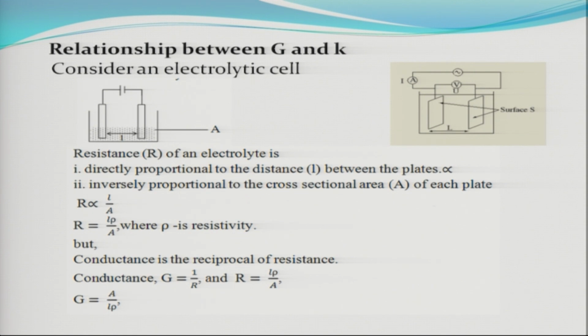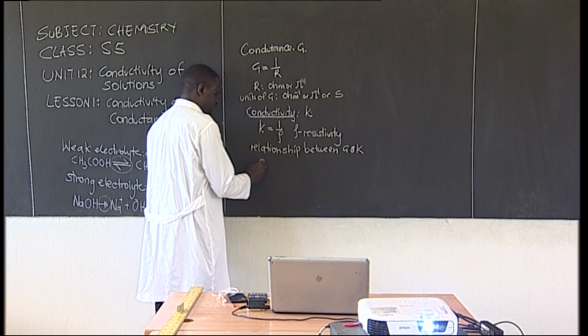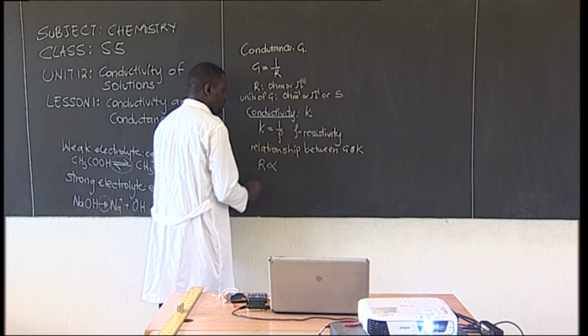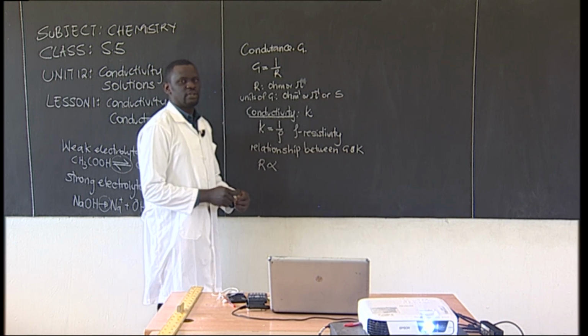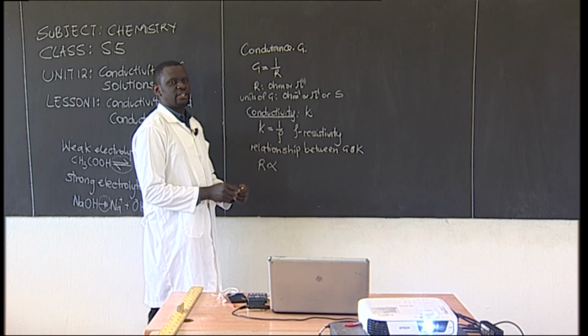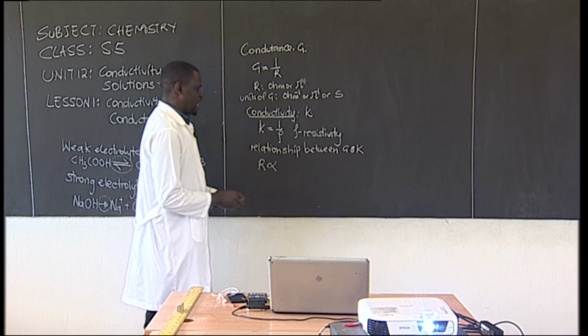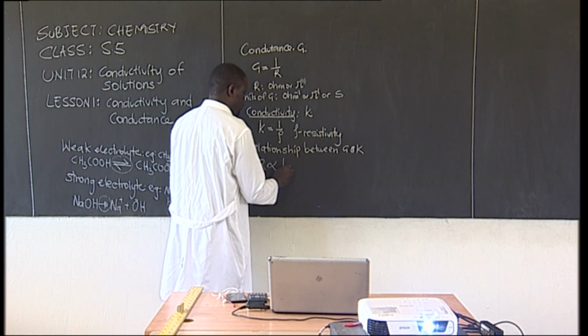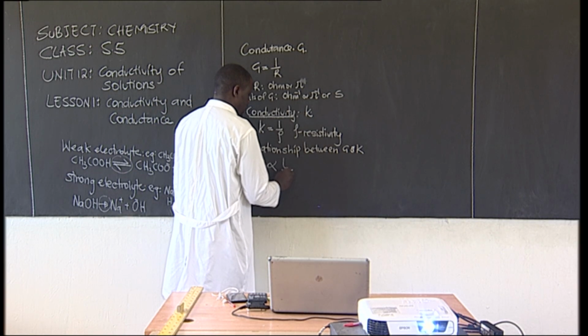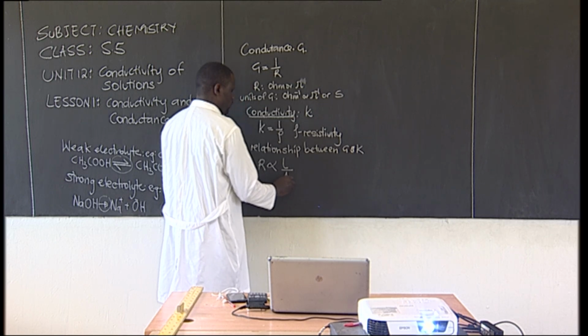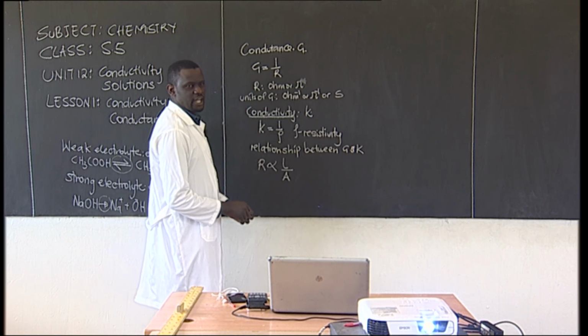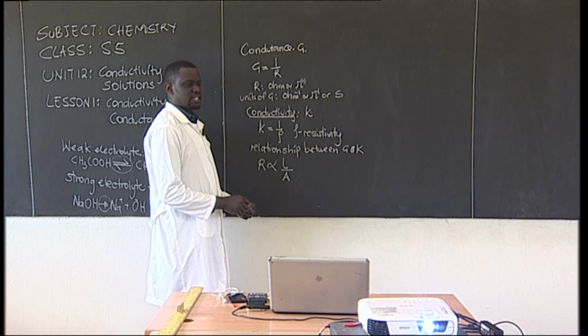So here we are going to say that the resistance of the electrolyte in solution is directly proportional to the distance between the electrodes and inversely proportional to the cross-sectional area.